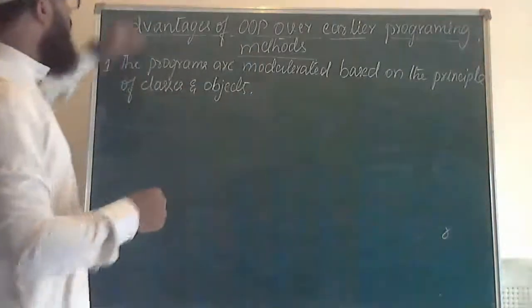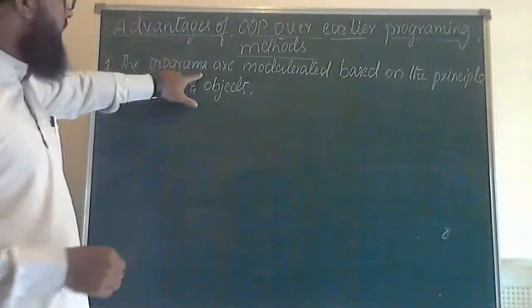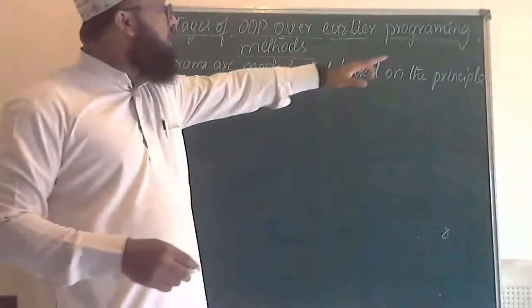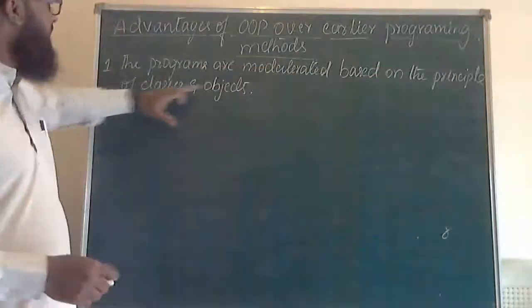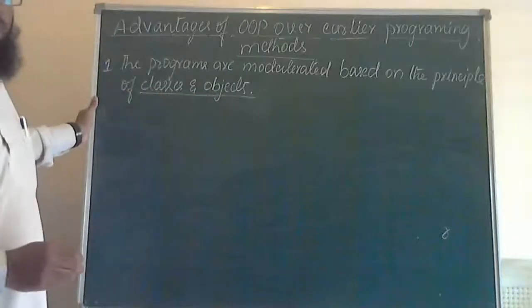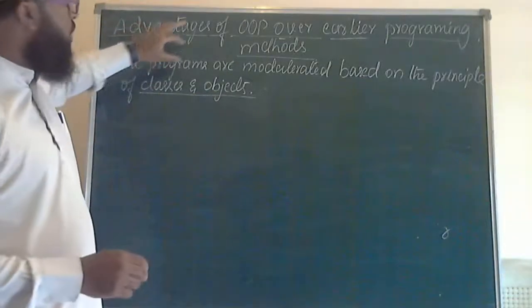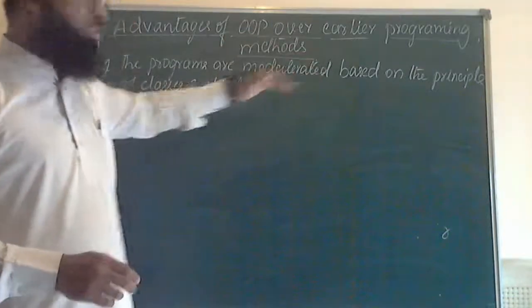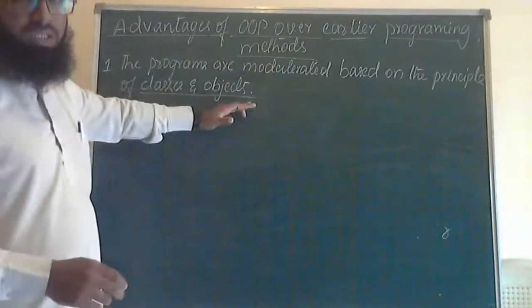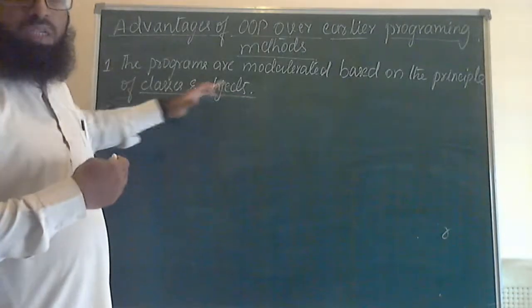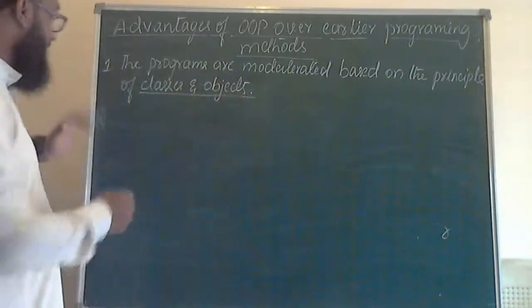The OOP programs are modularized based on this principle. It means OOP programs now function only based on classes and objects. Why they are modularized based on classes and objects, we shall see in the next point.